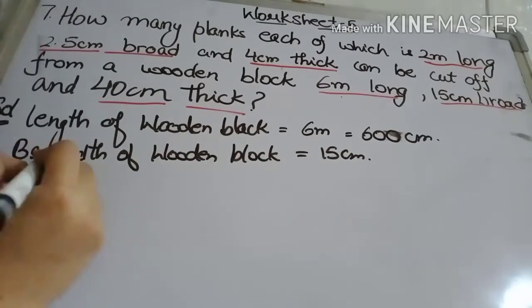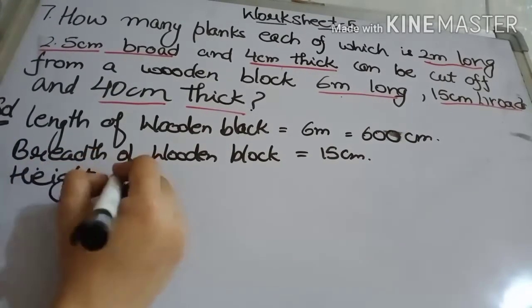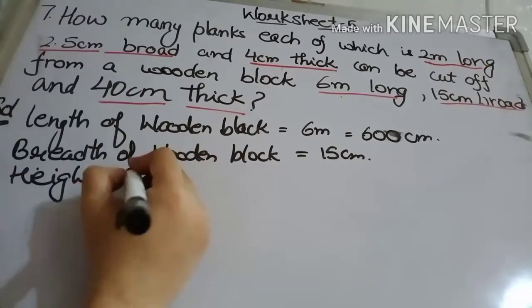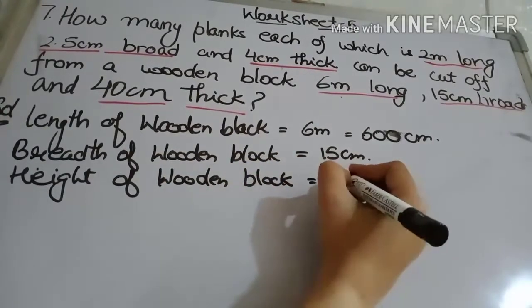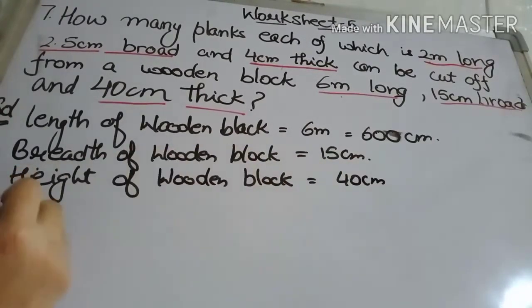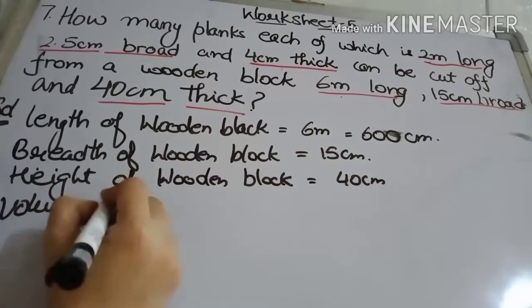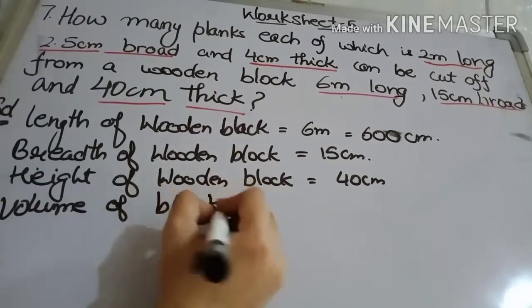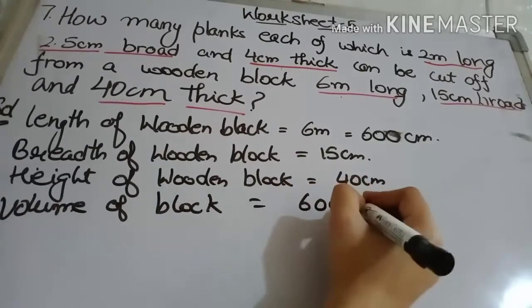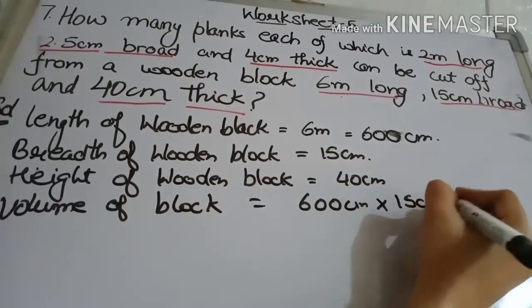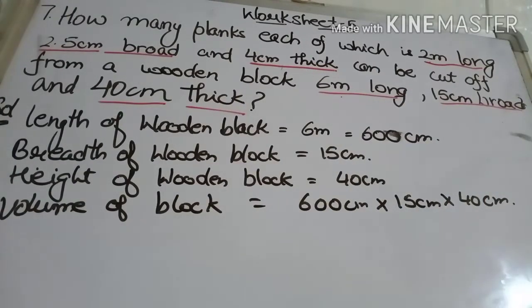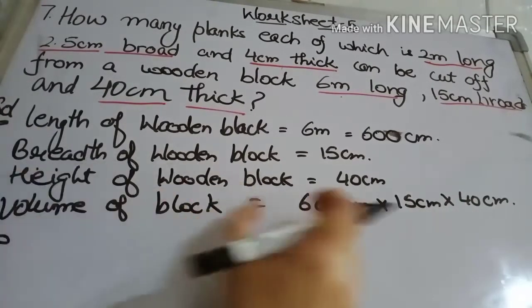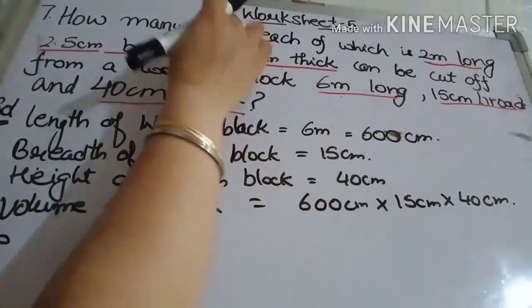Height of the wooden block is 40 centimeter. Now we find the volume of the block, which is equal to length into breadth into height. We are not going to calculate it, we just leave it here as we have to find the number of planks. This is the volume of the block from which we are going to cut these planks.